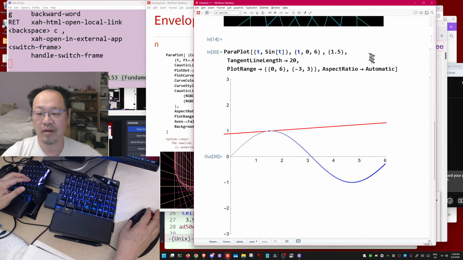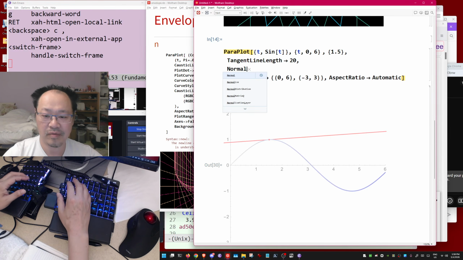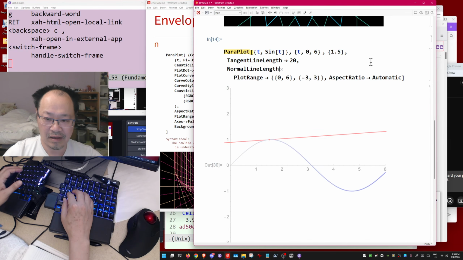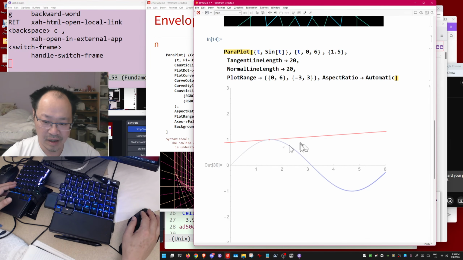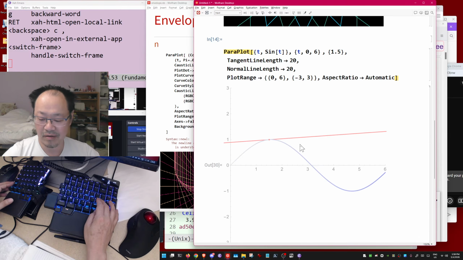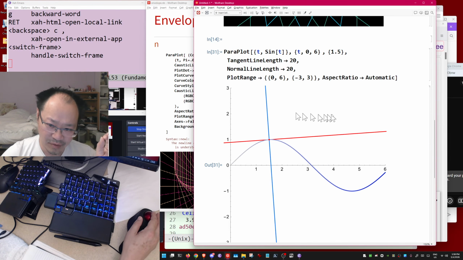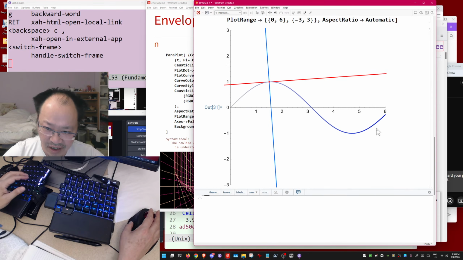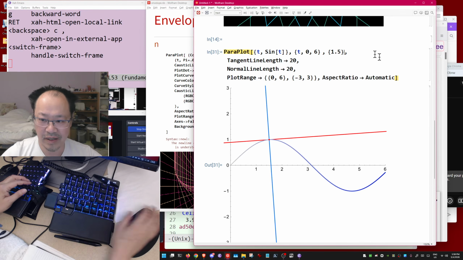Now you also draw the normal. So normal line length, that's what you want, 20. So you're going to draw a line normal to the curve at that point. So let's do it. Fantastic and beautiful. Can you see? So now we have actually illustrated the concepts of tangent and normal.